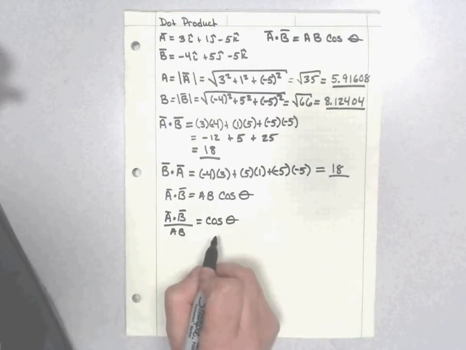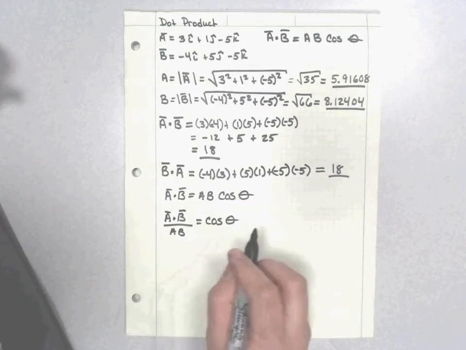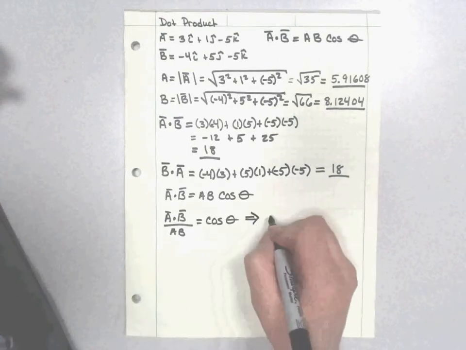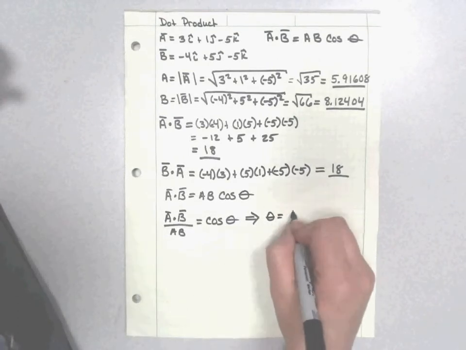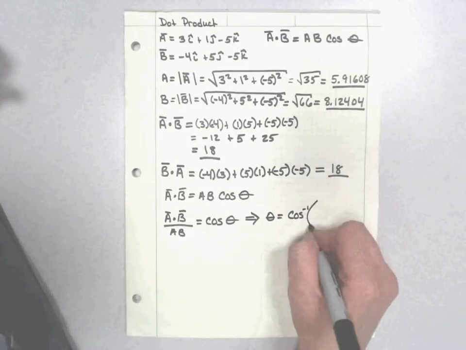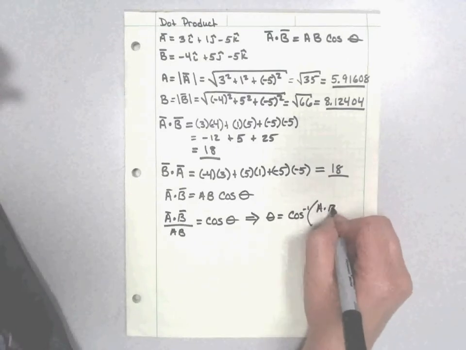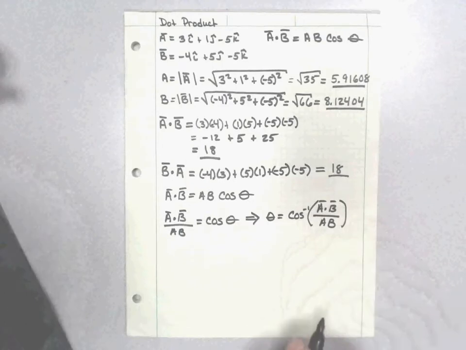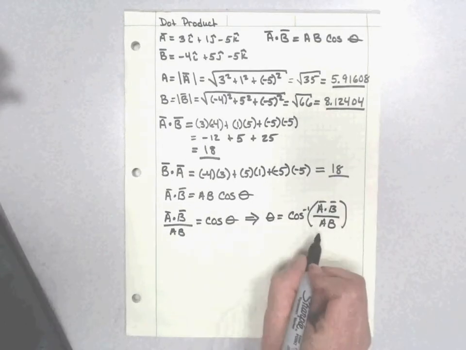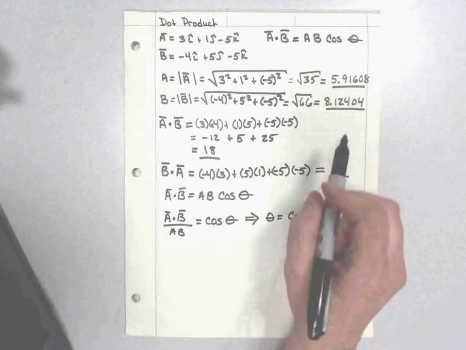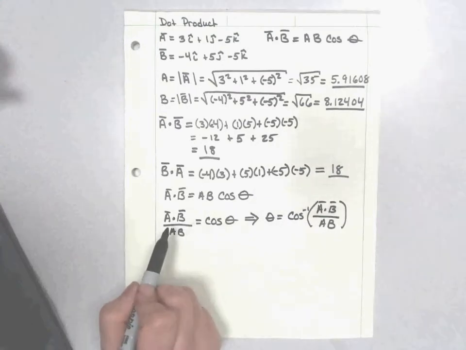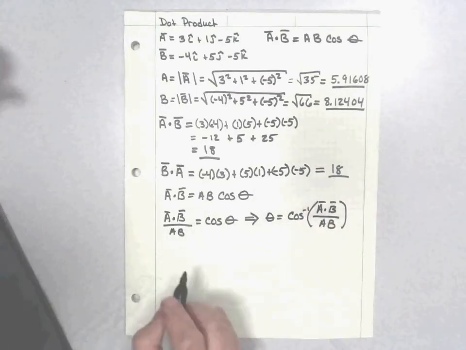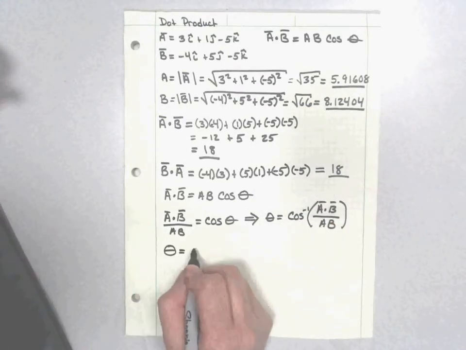And if I take the inverse cosine of both sides, I end up with theta is equal to the inverse cosine of A dot B over AB. Now I can simply plug in these values that I've already solved for here, here, and here, and I'll get theta.